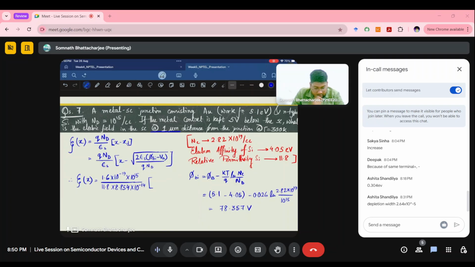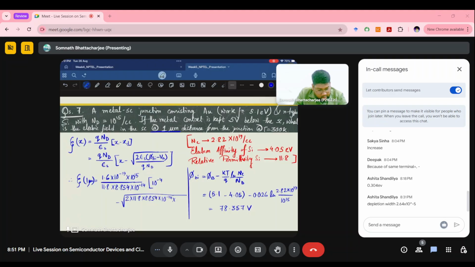Let's do one thing, let's put it as 1 micrometer. Then we'll have the value of this if we are going for the centimeter values. From this, let's just divide it from here: 2 multiplied by 11.8 multiplied by 8.854 into 10 to the power of minus 14 multiplied by this.